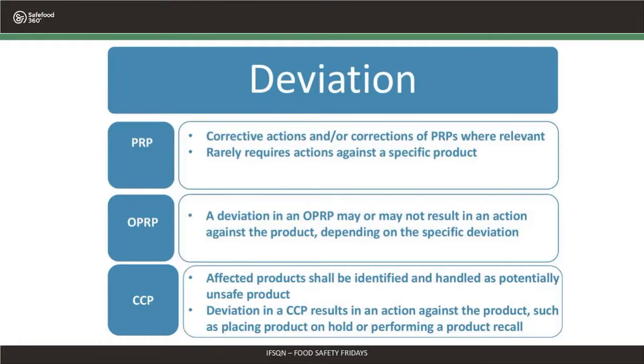If there was a deviation at that magnet step, maybe it wasn't cleaned correctly, it doesn't necessarily mean we need to take action on a specific product, because further down the line we've got our metal detector. For a CCP, affected products should be identified and handled as potentially unsafe. So if there is a deviation, we may need to put the product on hold or even do a recall.